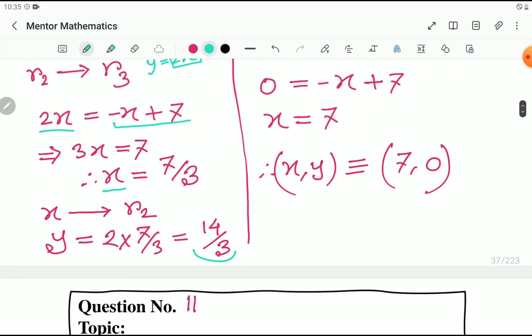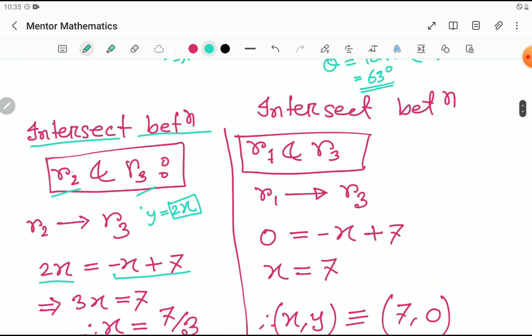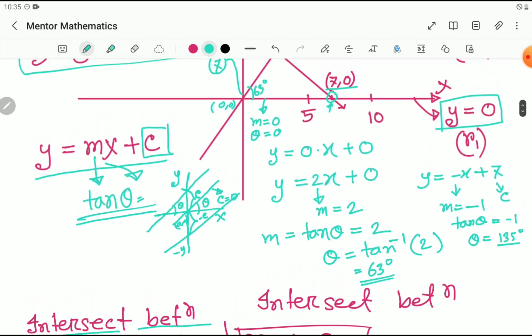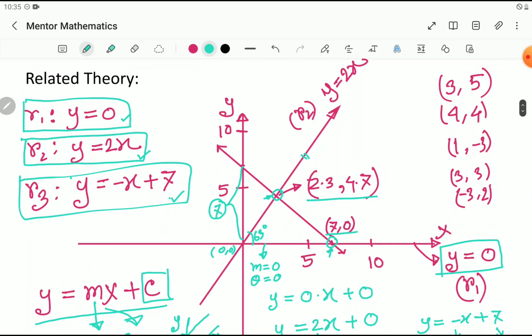So we find the intersect point between R2 and R3. That means these two equations, this one is R3, and this is R2. So we find this point.